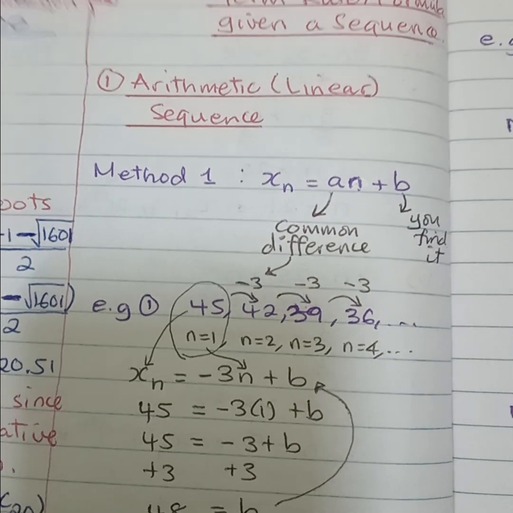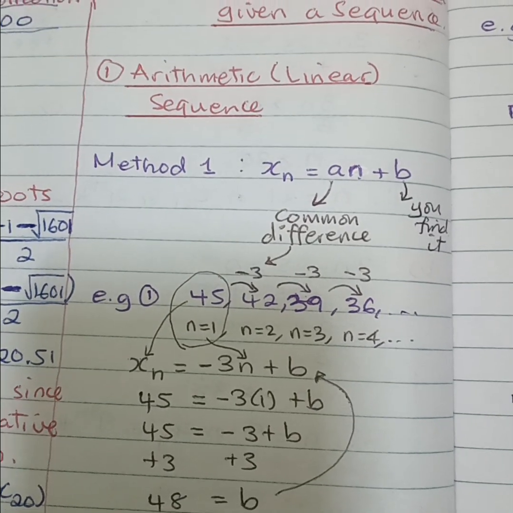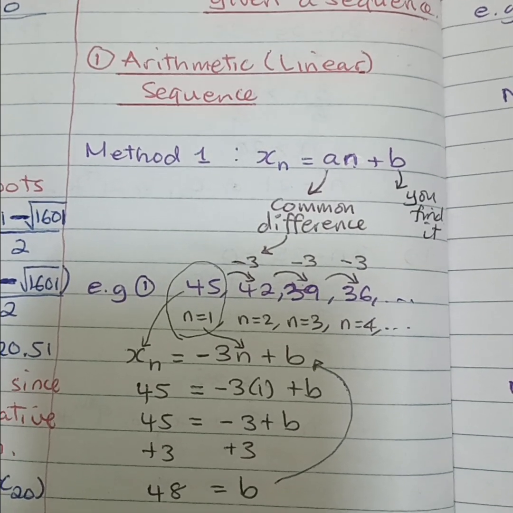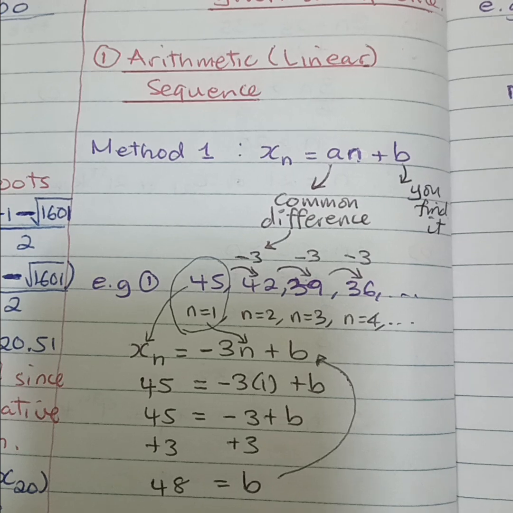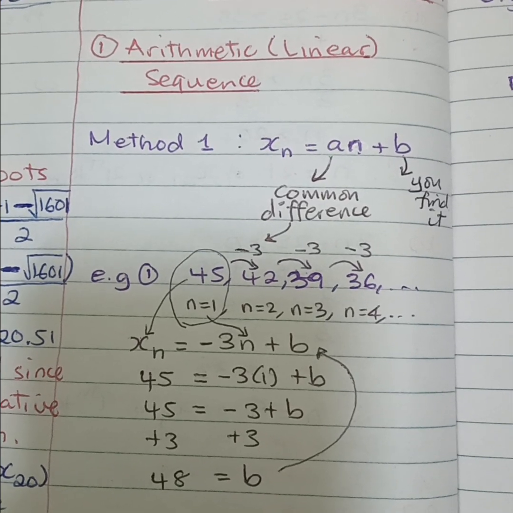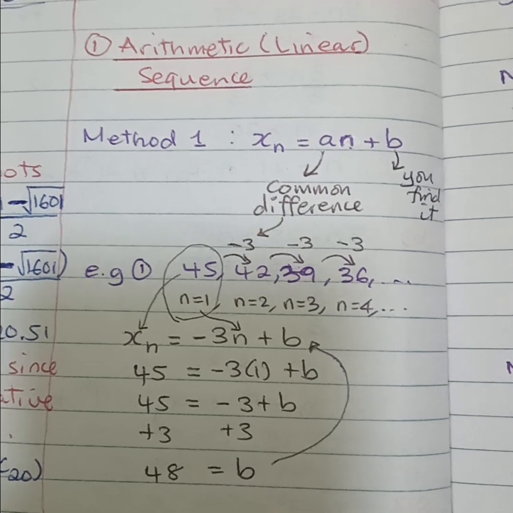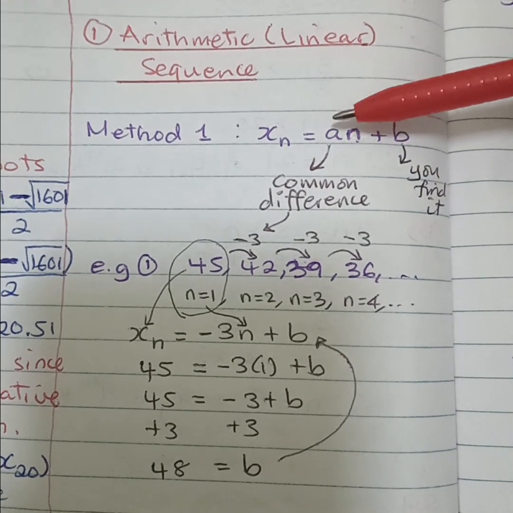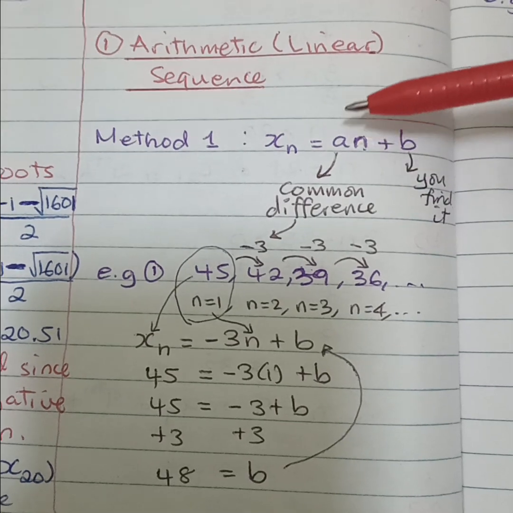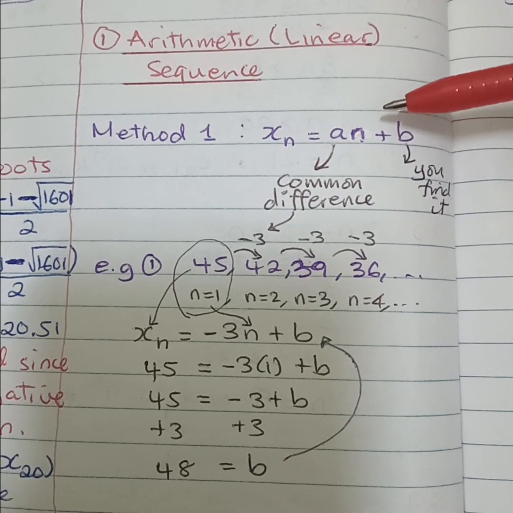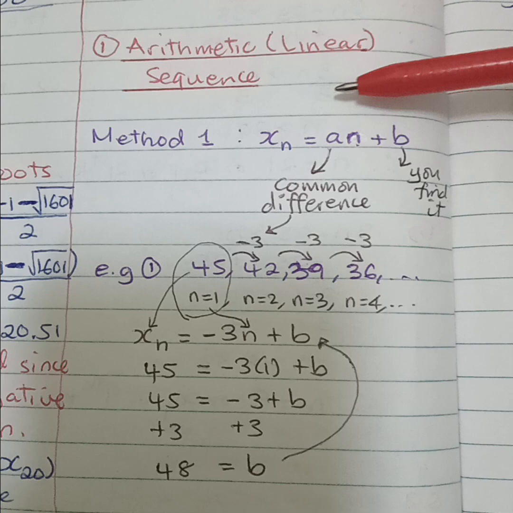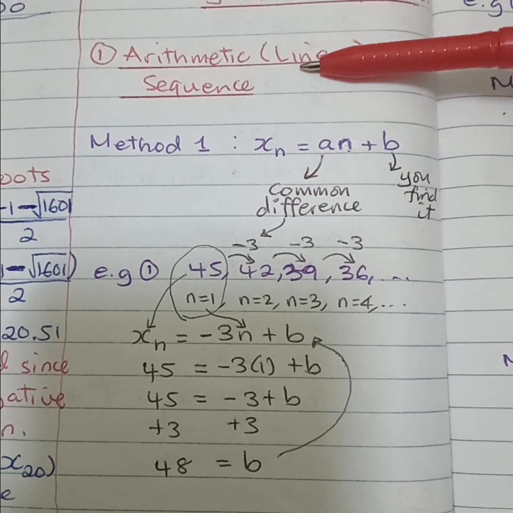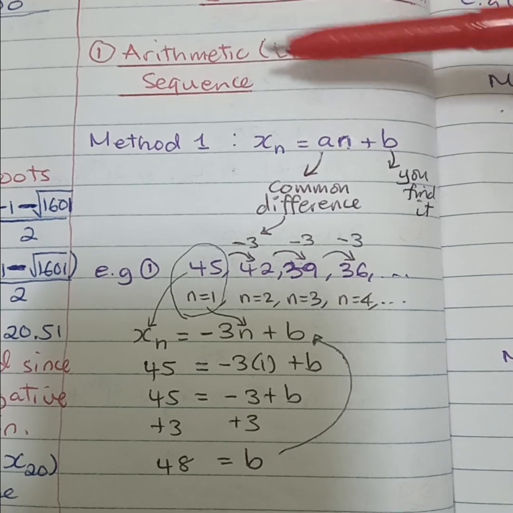Okay, we have this first type of sequence, which is the arithmetic, and it's also called linear, whereby as you go from term to term you are increasing or decreasing by the same amount. Alright, so how do we go about finding a formula for an arithmetic or linear sequence?